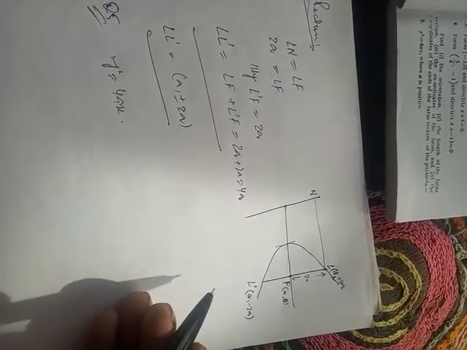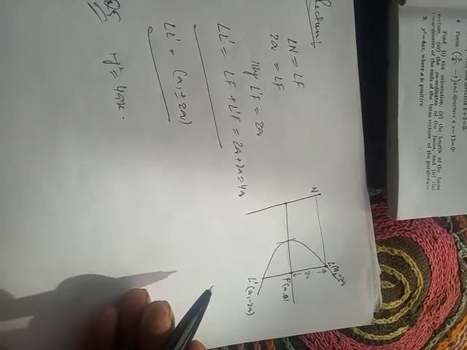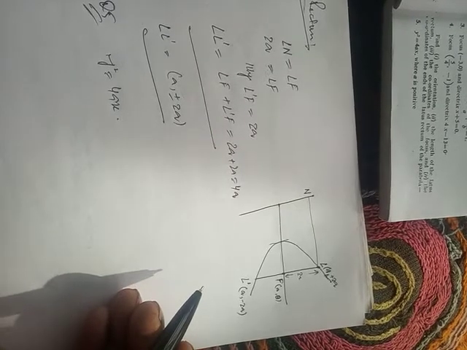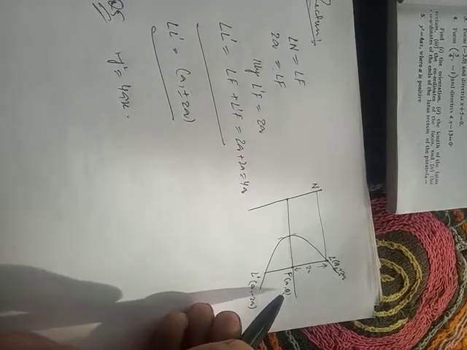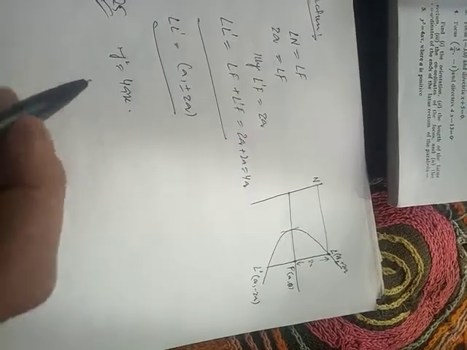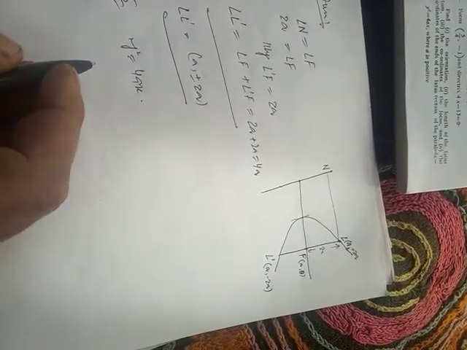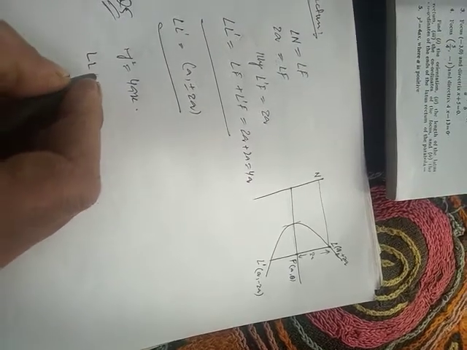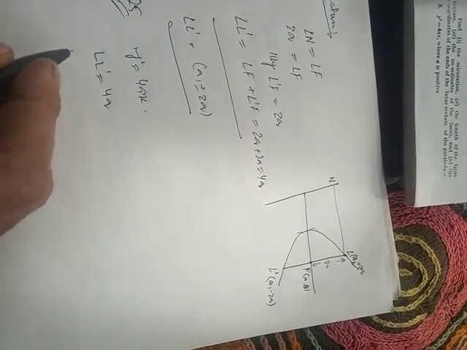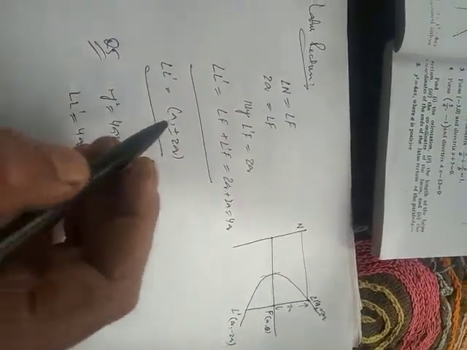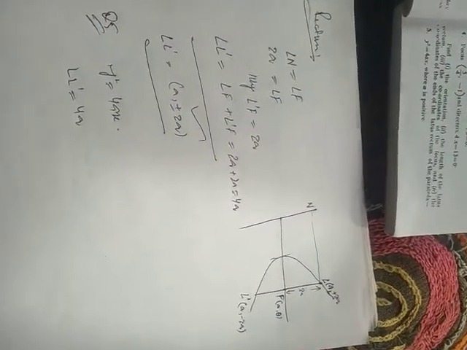The coordinates of the focus are F(a, 0), as we have seen earlier, and the length of the latus rectum LL dash will be 4a, and the coordinates of the latus rectum will be, as we have seen, (a, plus minus 2a).